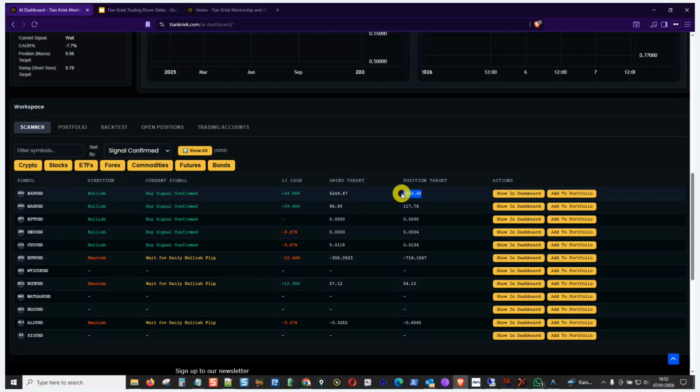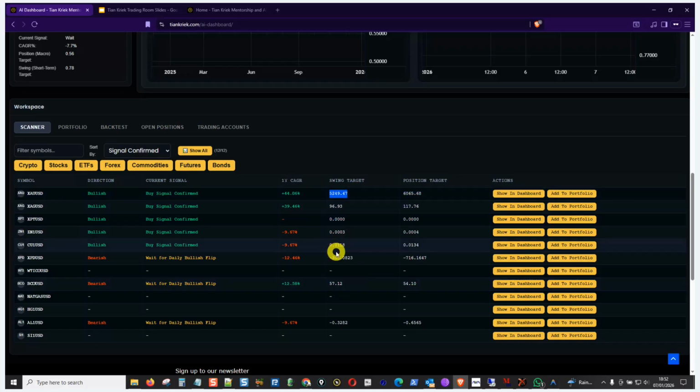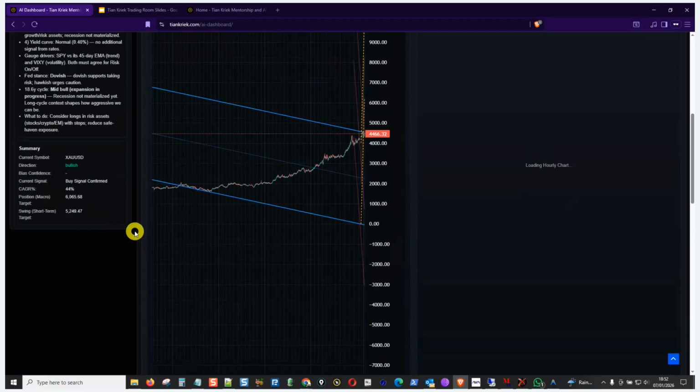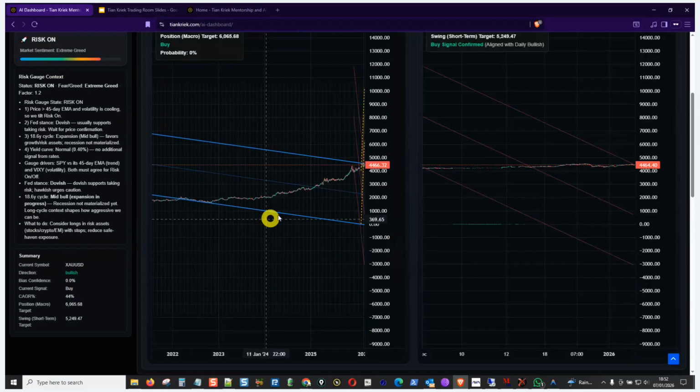But there's a position target at $6,000 per fine ounce and a swing target at 5,249. Currently at 4,460.